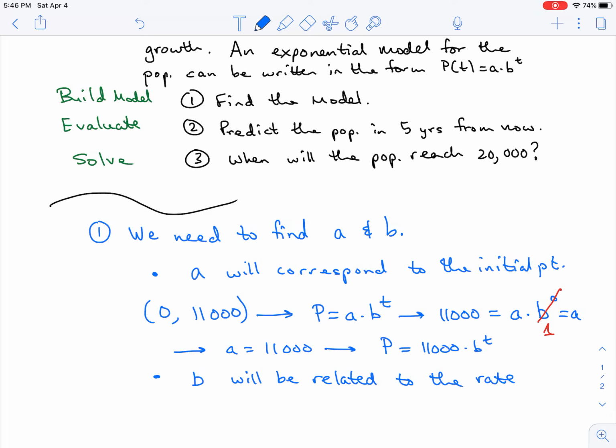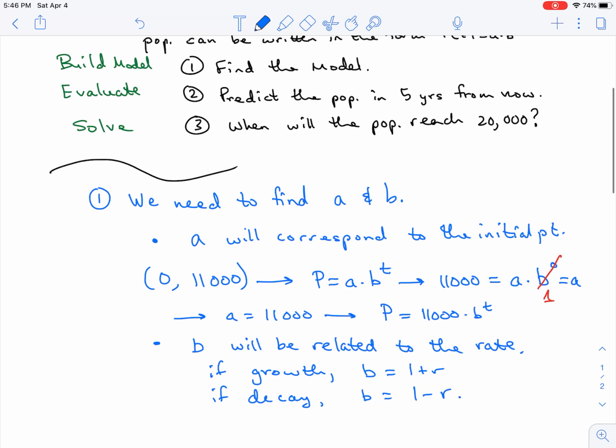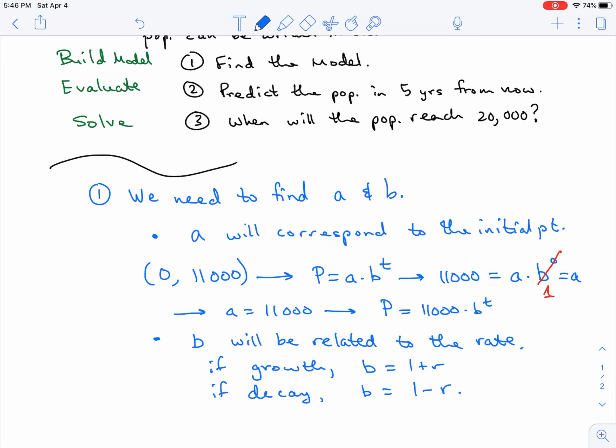Now, if it's growth, B will equal 1 plus R. And if it's decay, B will equal 1 minus R. For decay, you'll see things like it drops 10% each year, or it drops 5%. So you would just subtract the 5% from 100% and you'd get 95%, for example. So that's how you get your B, whether it's growth or decay.